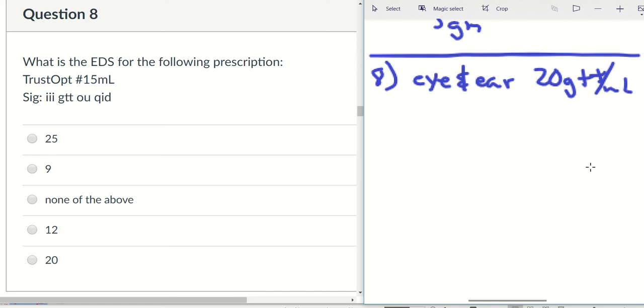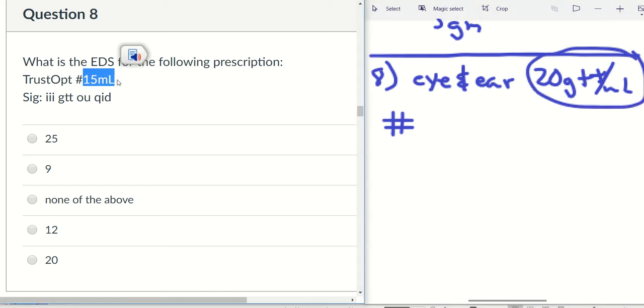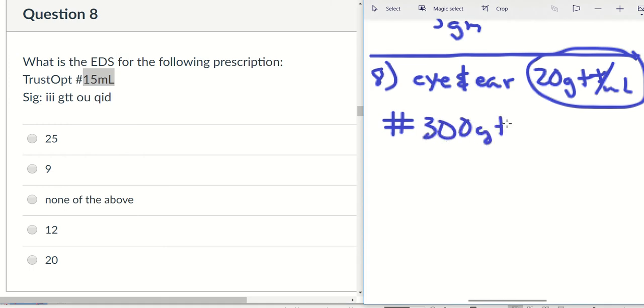This is for eyes and ears, eye drops and ear drops. So if I have 15 mLs, how many drops is that? At 20 drops per ml, I got 15 mLs worth here. How much? Yeah, 300 drops.